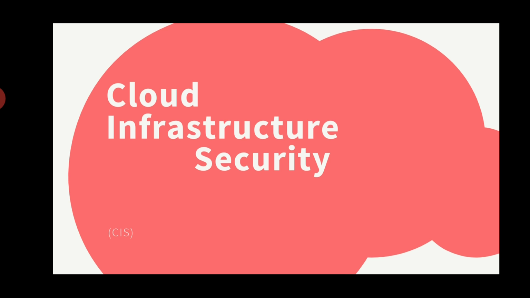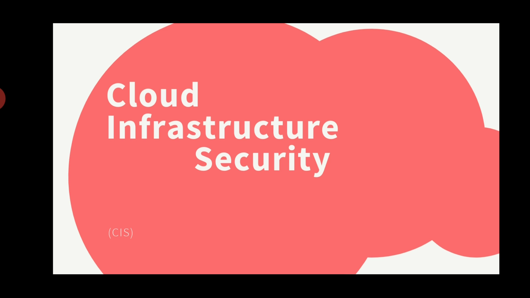Here we want to highlight that cloud infrastructure security applies to business models like public and private clouds. When we are discussing a public cloud, the scope of infrastructure security should be limited.